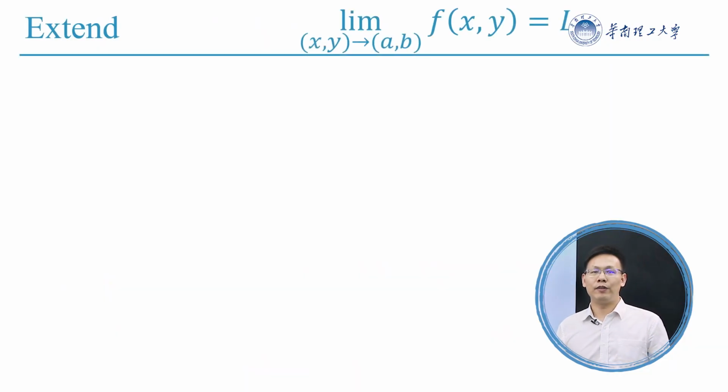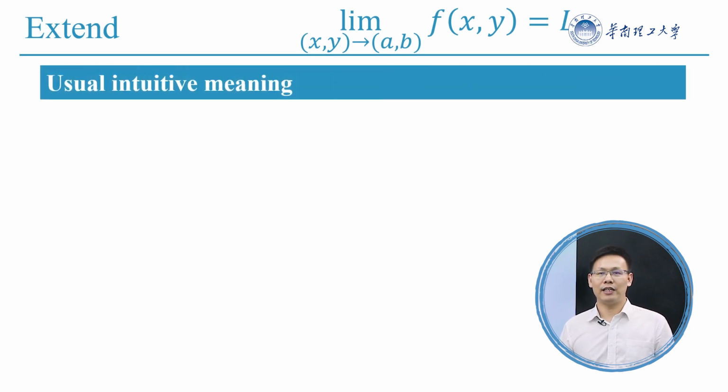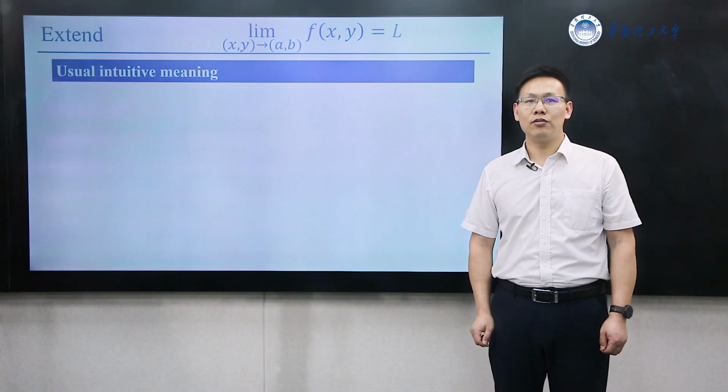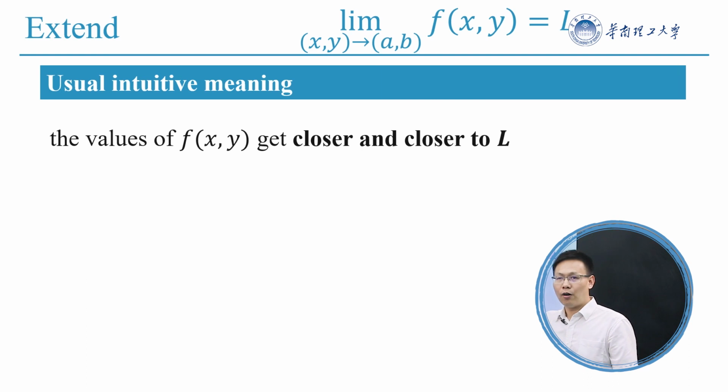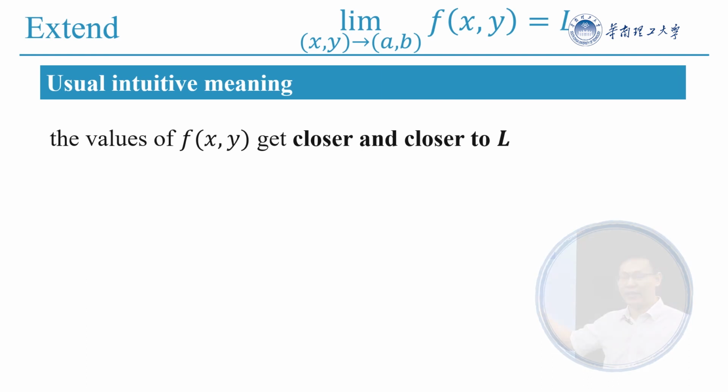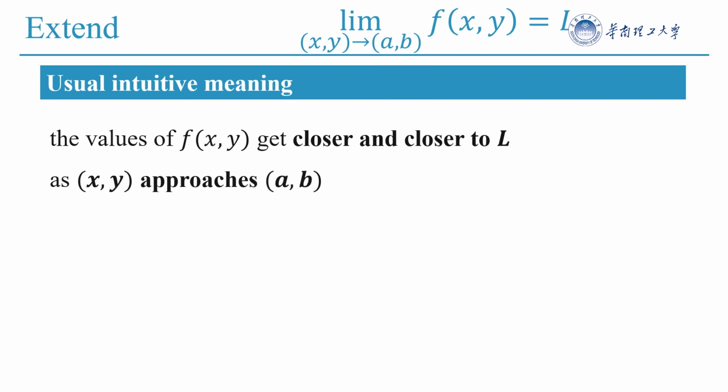Based on the above review, we can easily extend the definition to the situation of multivariate functions. We consider the bivariate function z equals f(x,y). The usual intuitive meaning is the values of f(x,y) get closer and closer to L as (x,y) approaches (A,B).